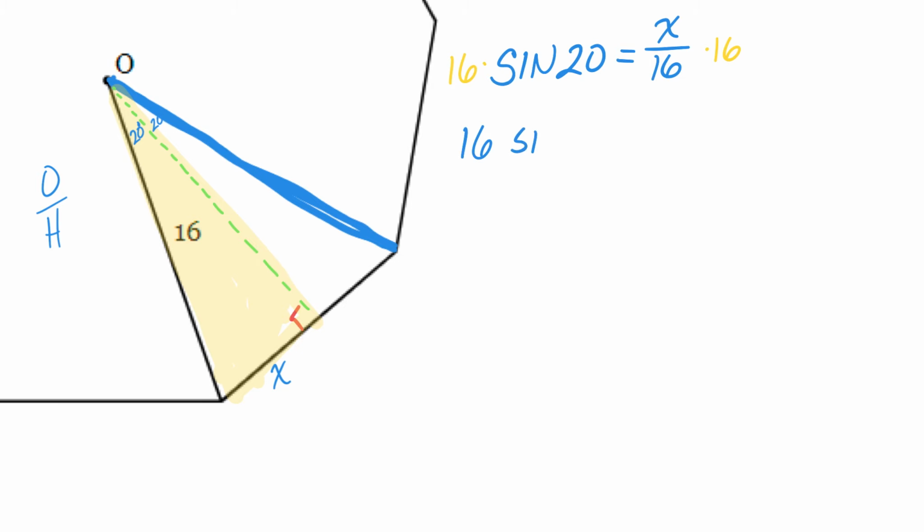So we get 16 sine 20 equals our missing side. So x equals approximately 5.47.